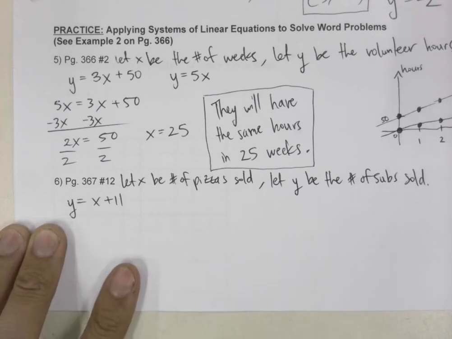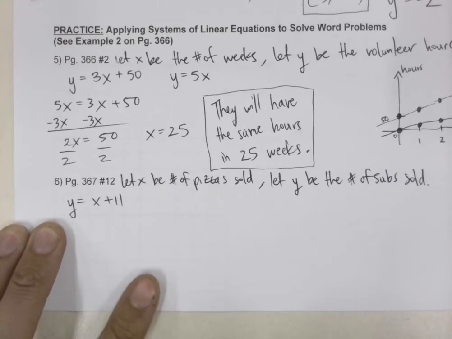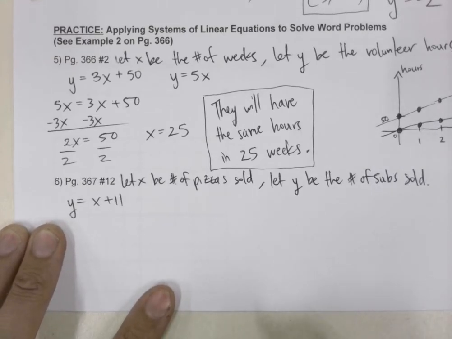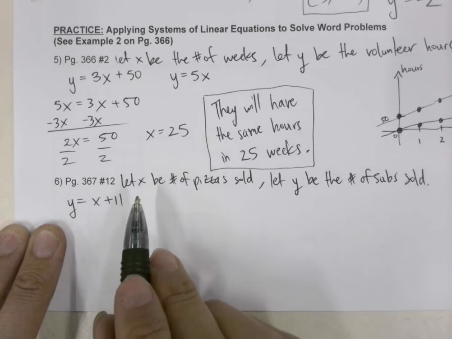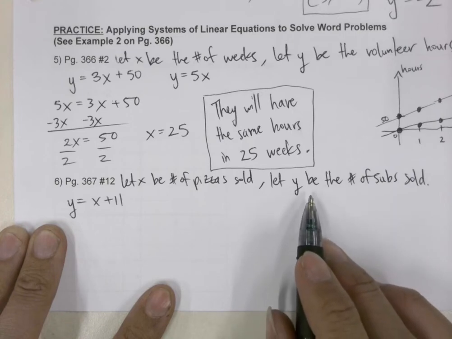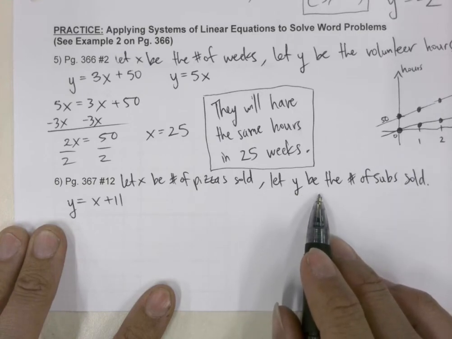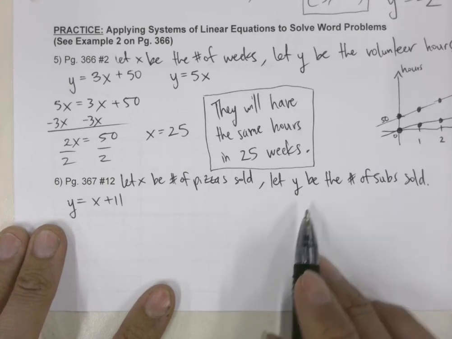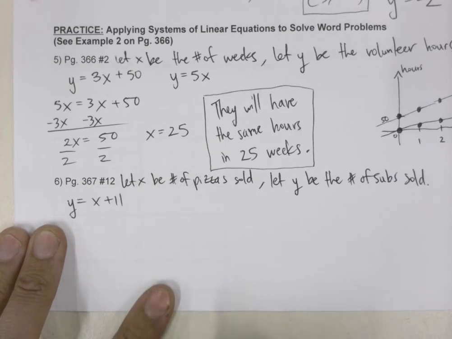Now our second equation is going to be with respect to how much he earned in total, which is $233. So in this case, the amount that he earned selling pizzas plus the amount of money he earned selling subs equals 233. How much did he earn selling pizzas?